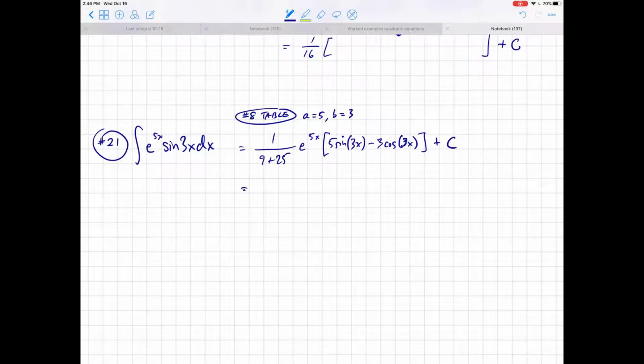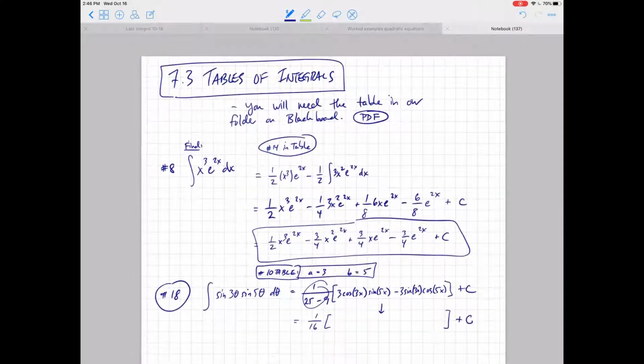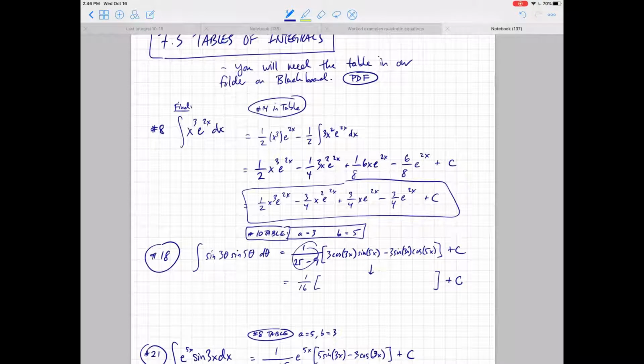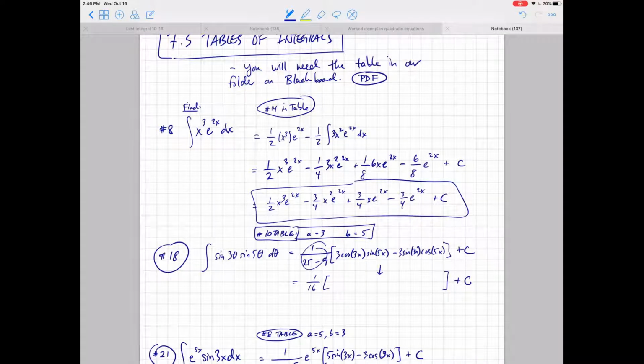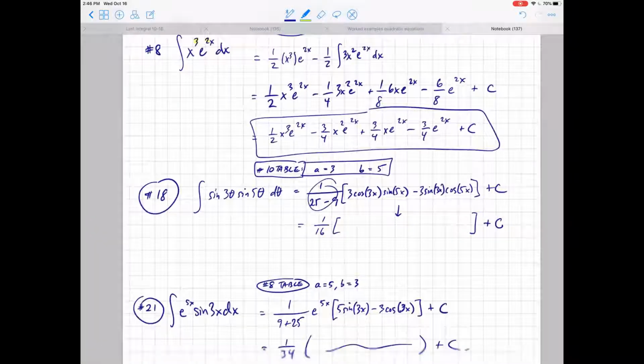This is really just 1/34 times all of that. Excellent. So, using the table, pretty easy, but you have to keep track of these little arguments, these little parameters in here, because it can easily get mixed up.